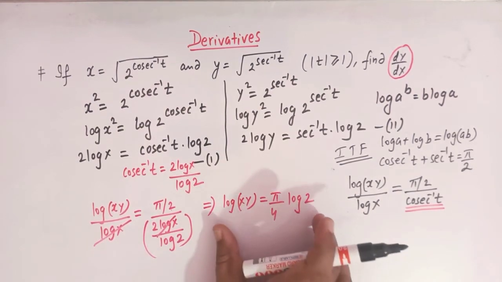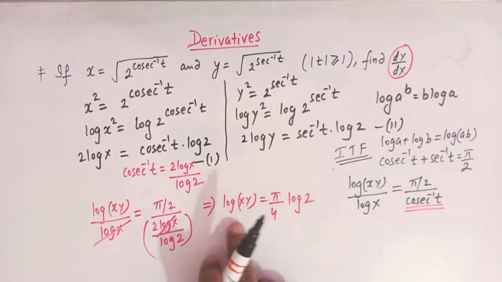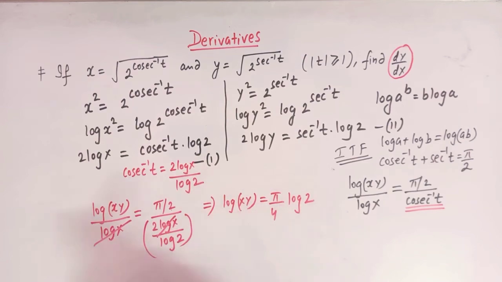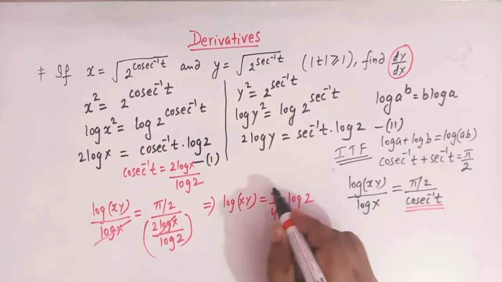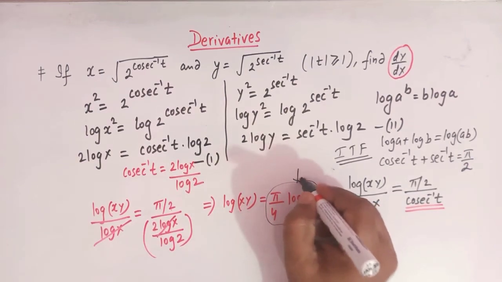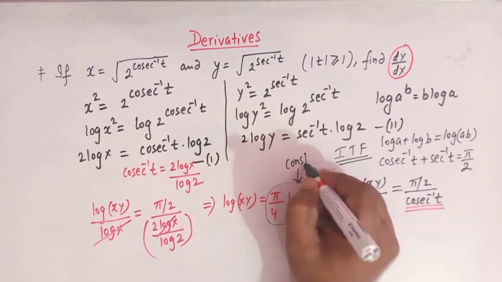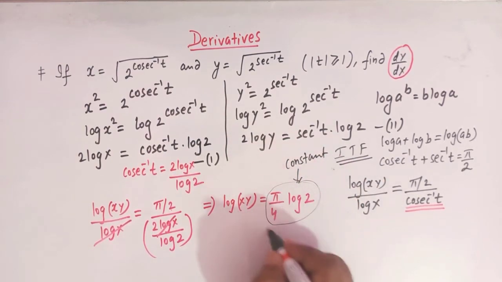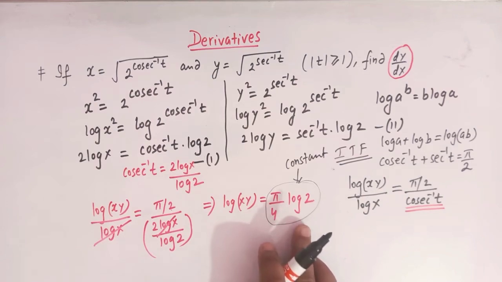Now we have to differentiate this expression on both sides, right? So we'll differentiate both sides with respect to x, and here we must note that pi by 4 log 2 is a constant, right? So this is a constant, and the derivative of this constant must be 0, right?